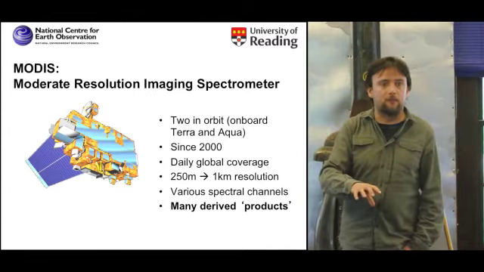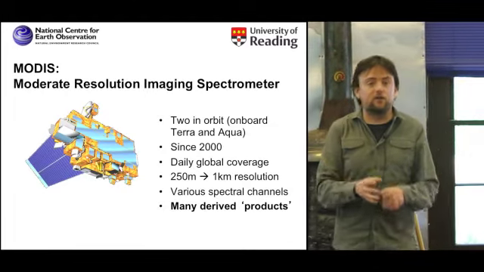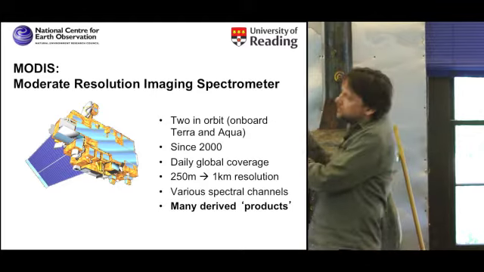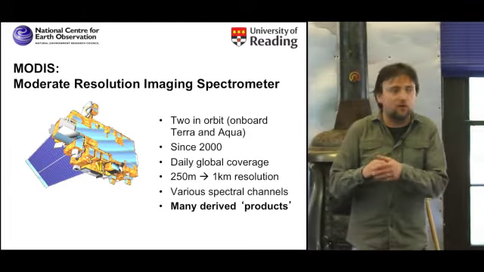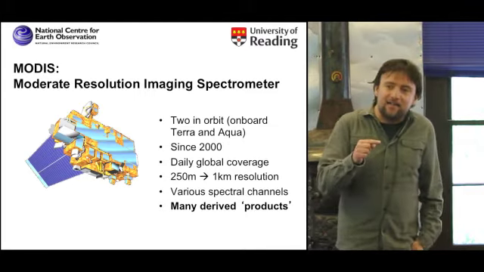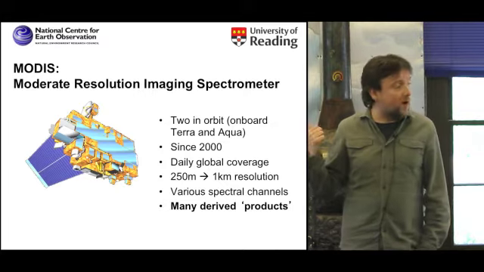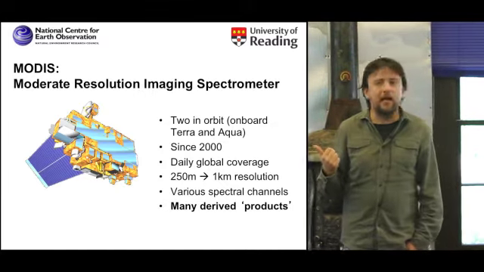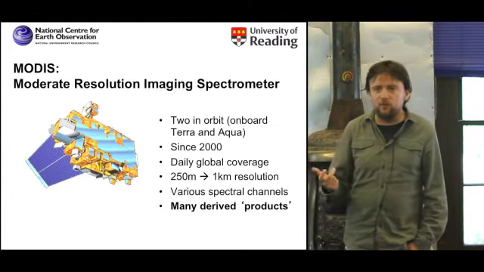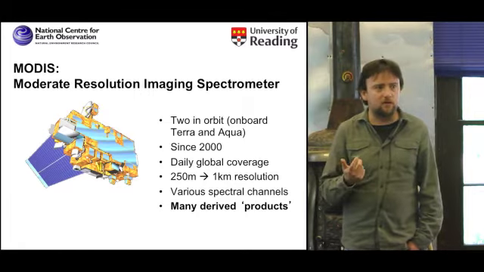In deciding on something to talk about for this lecture, it seemed to me that the best place to go was these things because it's something that all of you have the potential to use. And even if you don't use it, these products are being more and more widely used in the literature, and having some understanding about how they're produced and what their limitations are is valuable to all of us in this community.